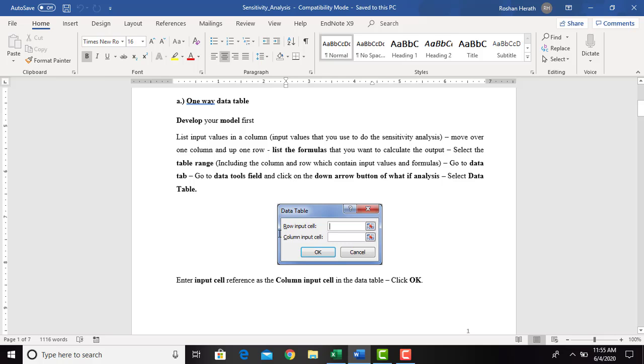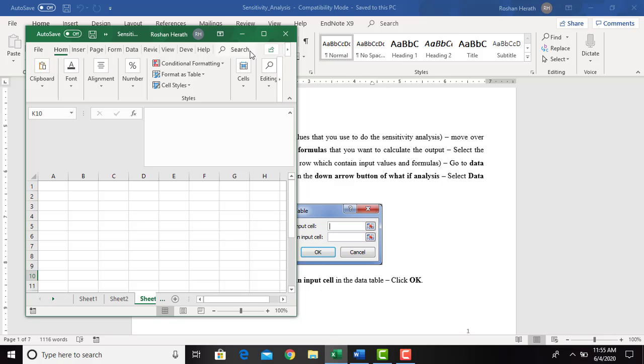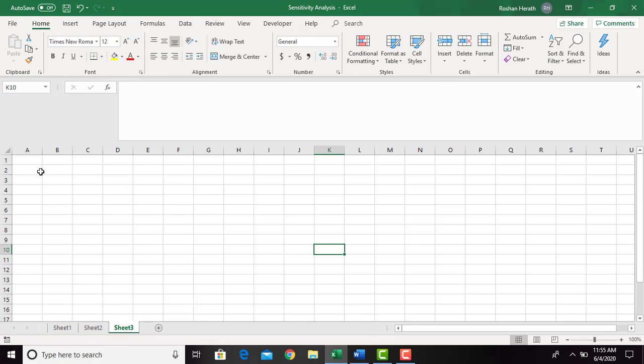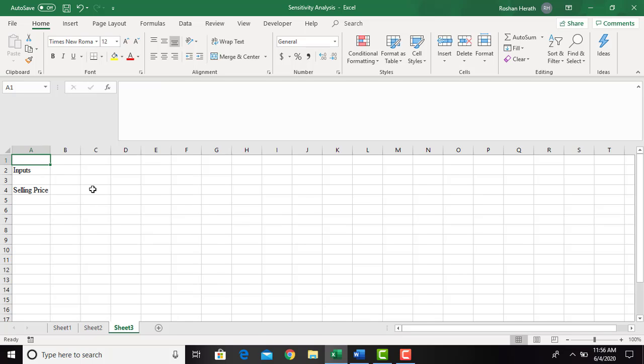Now let me take you through a particular example. Let's say you are given some information, and we call it inputs. In a given business organization, you found that the selling price of a particular product is, in line with the example we discussed, say 100 rupees.